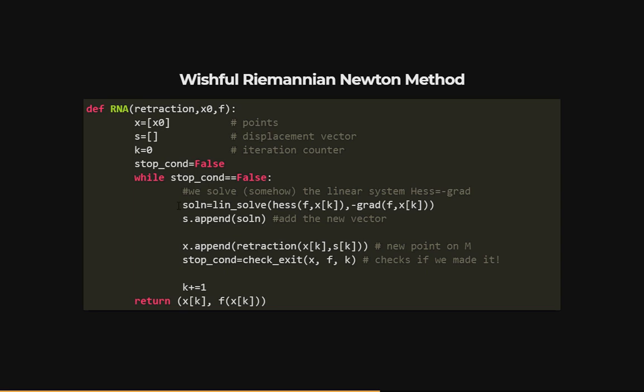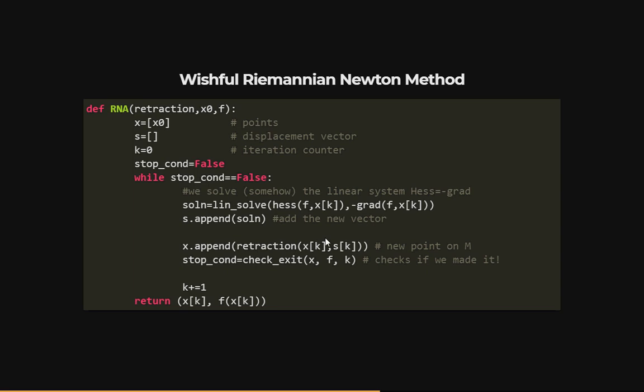And at every step we solve somehow, this is also a problem we have to address, the linear system with this matrix and this vector of data. We add the new vector because this is the new displacement vector. We apply the retraction. We check if we are close enough to the minimum or not, and we go on.